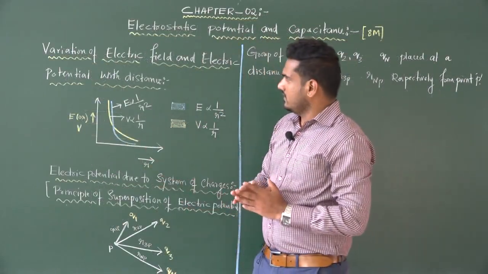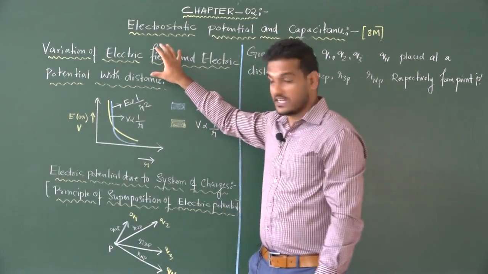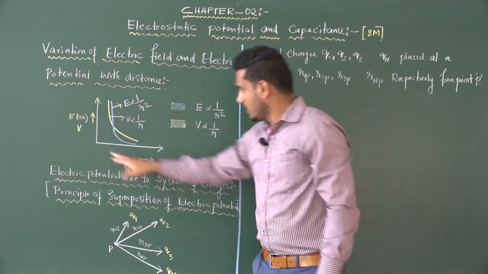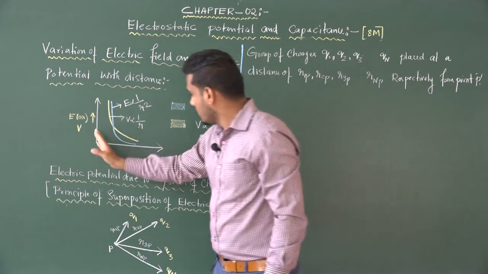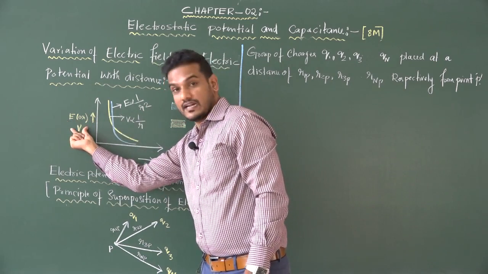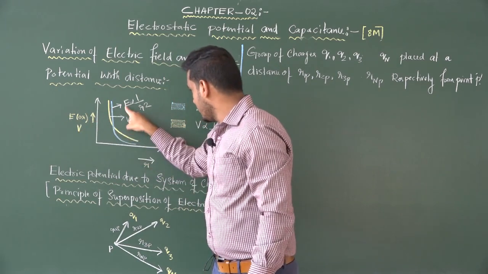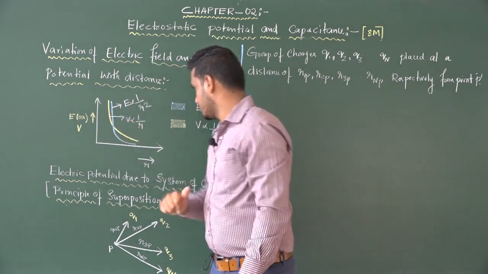Here, look at the graphical representation of variation of electric field and electric potential with the distance. Along the x-axis, it represents distance. Along the y-axis, it may represent electric field and electric potential. Here, the blue line indicates electric field, whereas the yellow line indicates electric potential.